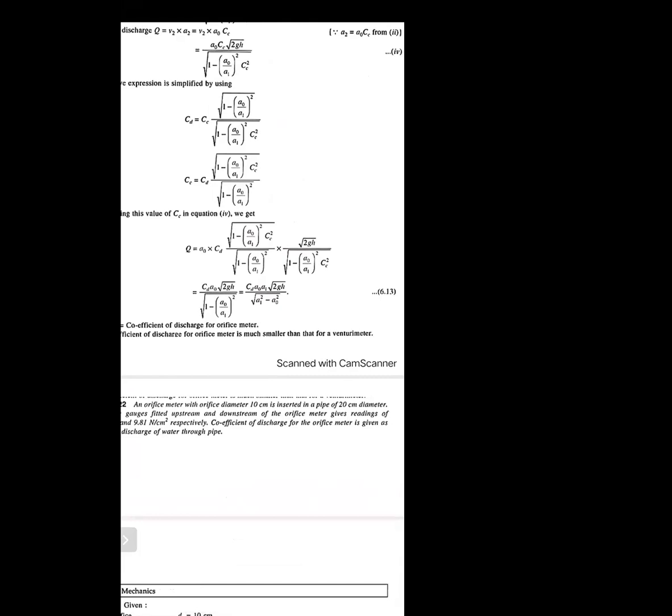In the case of the Venturi meter, we had taken the coefficient of discharge CD equal to 0.98, but in the case of the orifice meter, the value of CD is very much less than that of the Venturi meter.